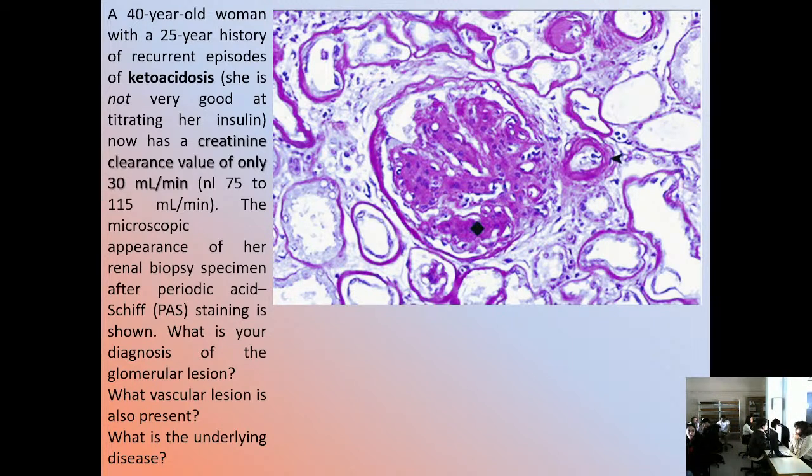So here, don't look at the glomerulus. Are there any other signs of diabetic nephropathy evident in this image apart from the glomerulus? The glomerulus is thickened, not in a nodular way and not in a segmental way. It is global sclerosis in this glomerulus.